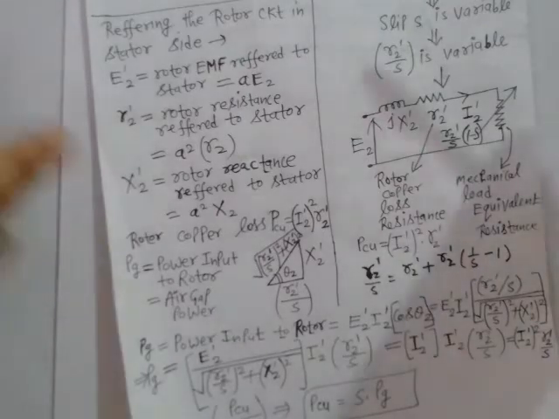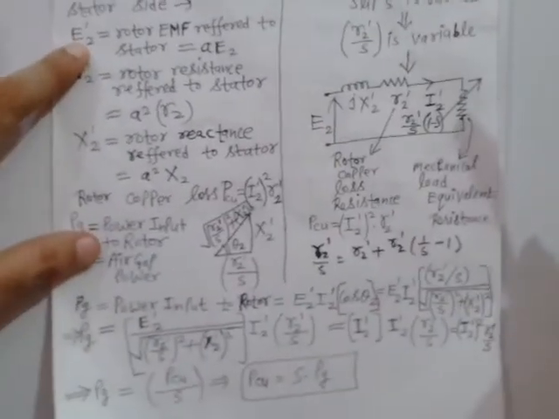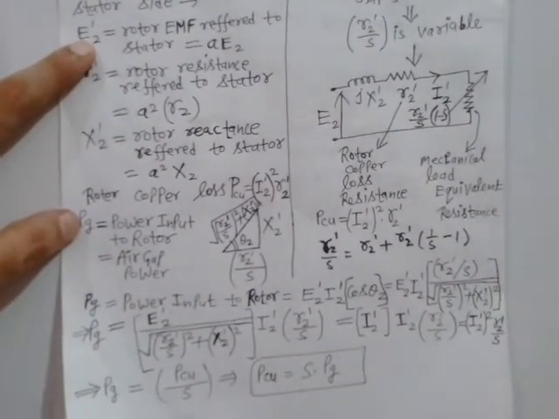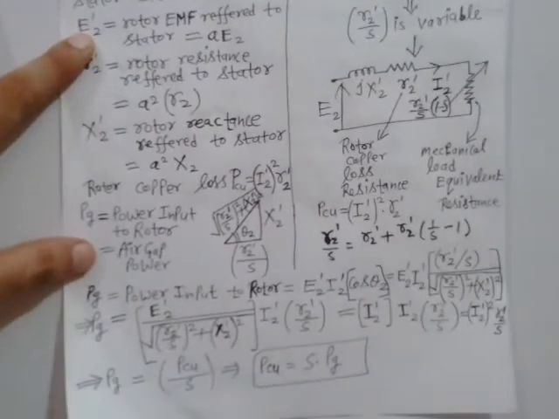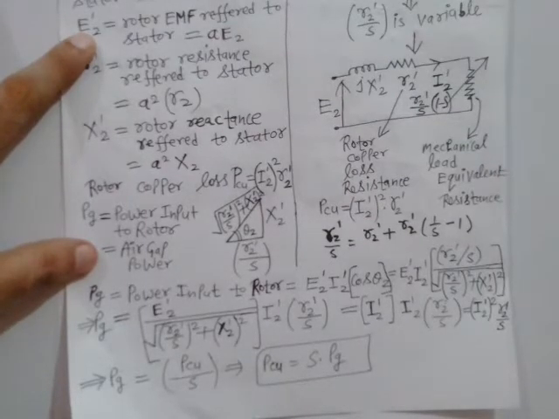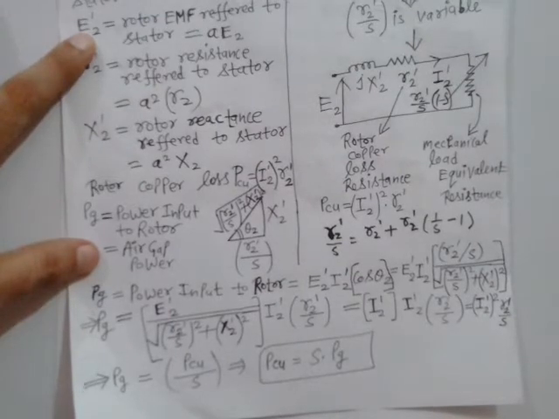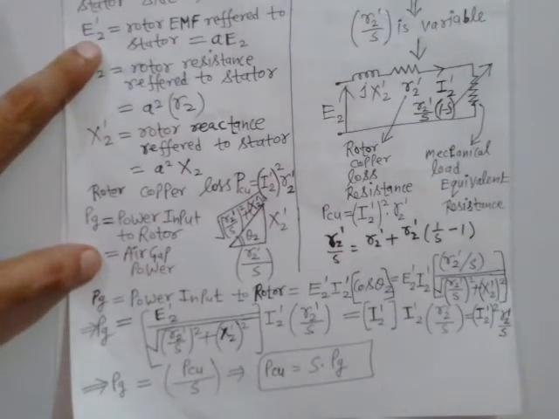Now your next job is to make a complete equivalent circuit, right? In order to determine the performance specifications, that means the shaft output power PSH, the shaft torque, the efficiency, and all these kinds of performance specifications, you will first draw the complete equivalent circuit.